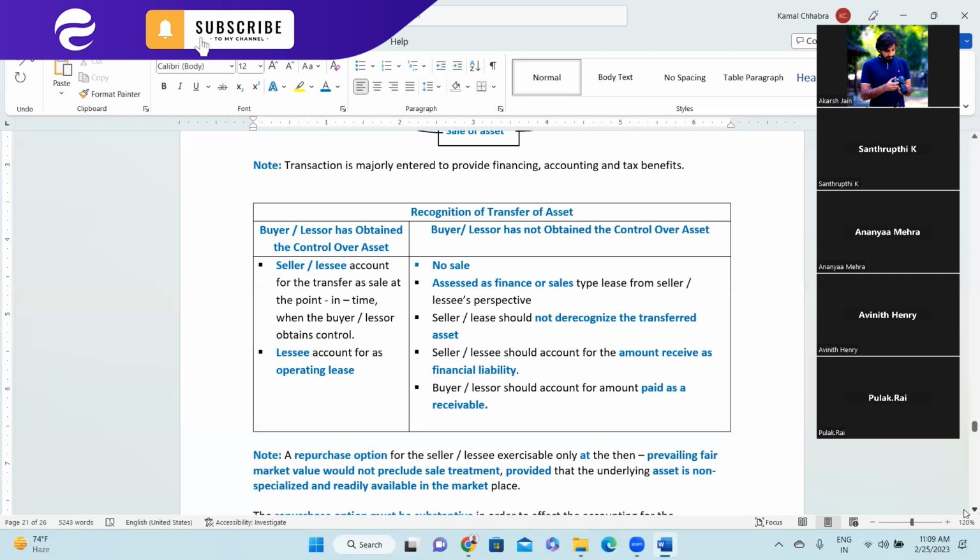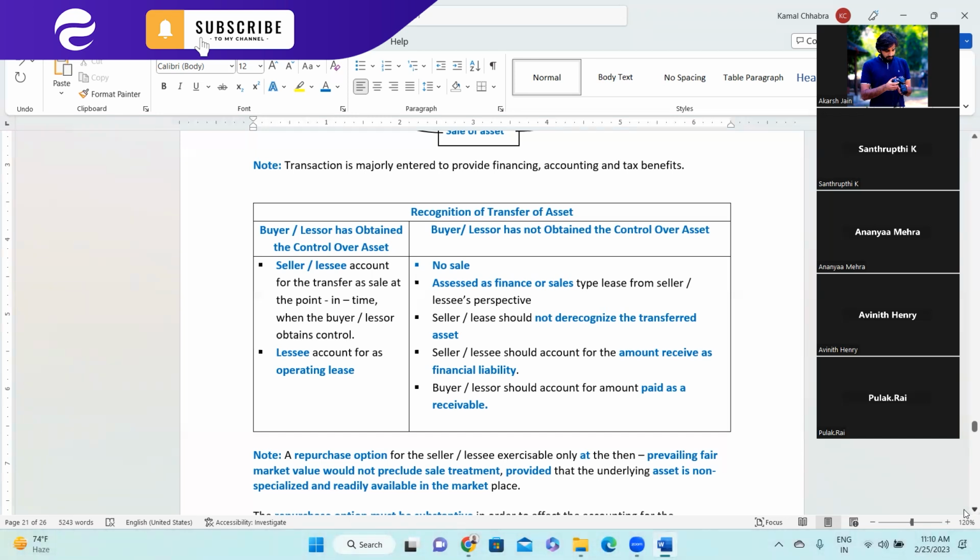So here the control over the asset has not been transferred. Only the title has been passed, money has been exchanged. But Santrupti is still holding that car and still using the car, and the public at large knows that it's Santrupti's car. In that scenario, it will not be considered a sale.